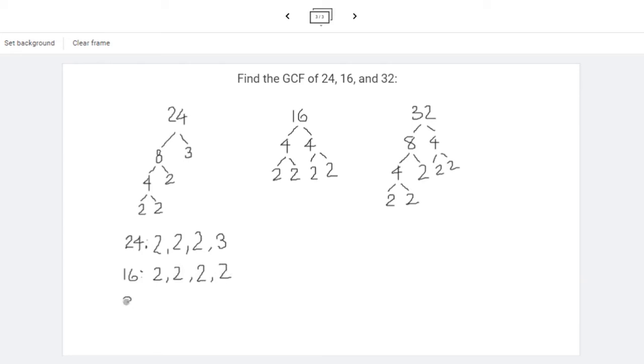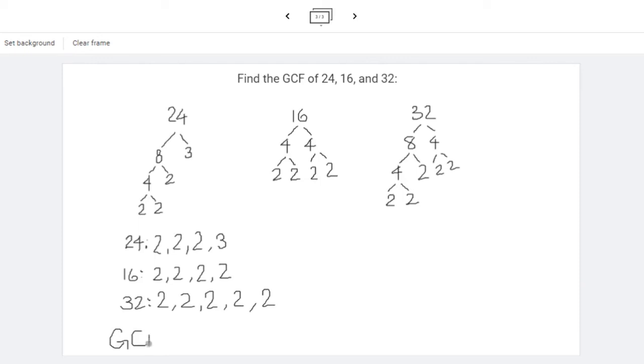And for 32, I'm going to write down this 2 right here, this 2 right here, this 2, this 2, and this 2. So we have 5 2's in total, which we can't simplify further. So 1, 2, 3, 4, and 5. So it's time to find our GCF.